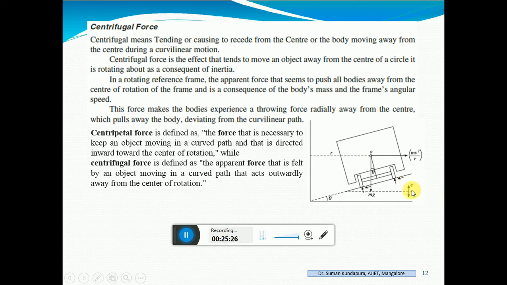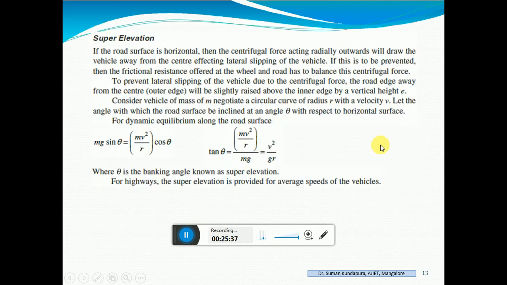You may see here there is a slight increase in the height compared to the inside portion. This is called the super elevation, and the vertical height is denoted as E with respect to the inner edge. Consider a vehicle of mass M.